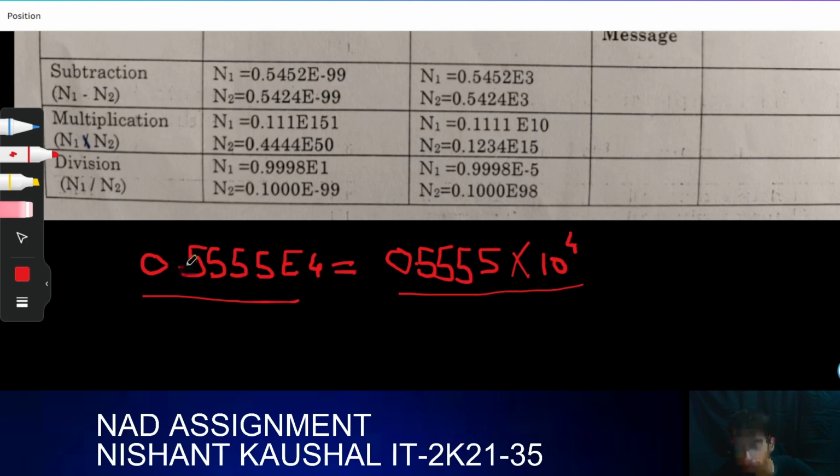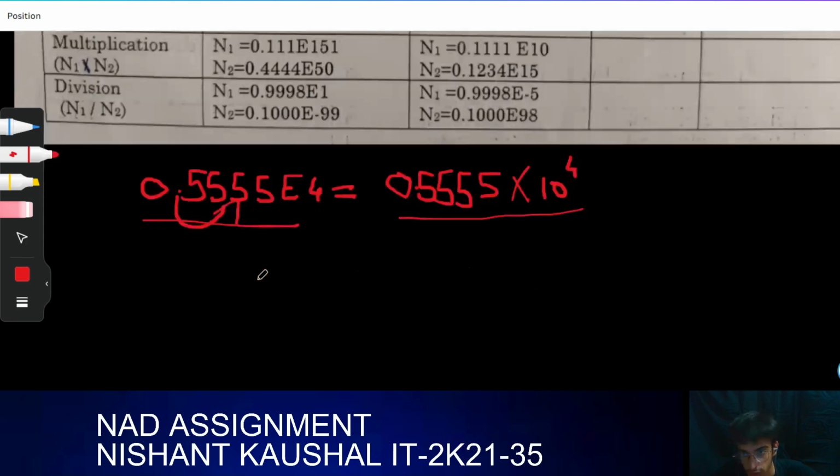So if we want to move this decimal, let's say after this 5, it could be written as 55.55 e2.